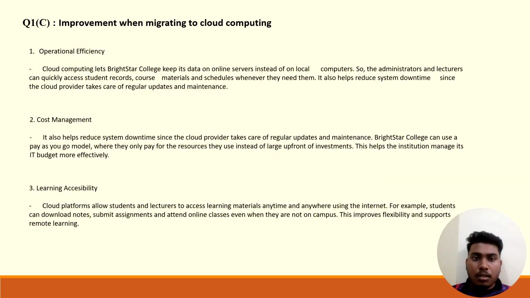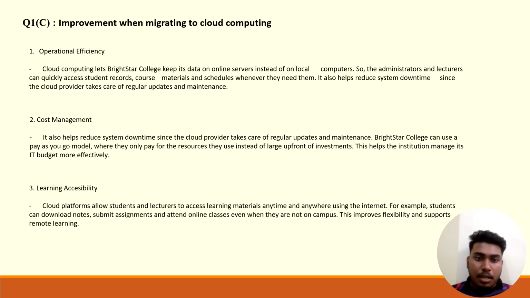Good afternoon, everyone. Now let's look at question 1C, the improvements for Bright Star College. There are three main improvements. The first is operational efficiency, the second is cost management, the third is learning accessibility. So the first is operational efficiency. Instead of keeping all the data on local computers, cloud computing allows Bright Star College to store everything on a secure online server.